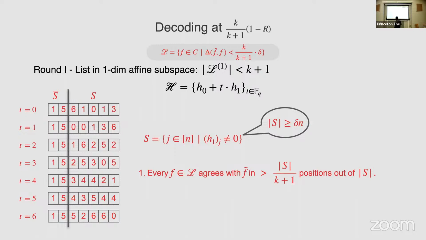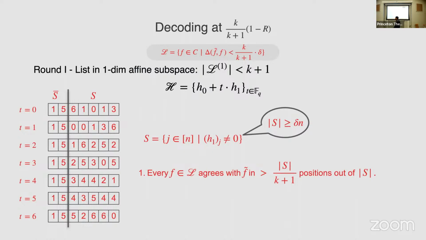Is this part okay? All we are using is that the set is of large size. Because h1 is a member of the code. So this one-dimensional affine subspace is of the code. Okay, maybe it should be clarified that this one-dimensional affine subspace is of just the code.